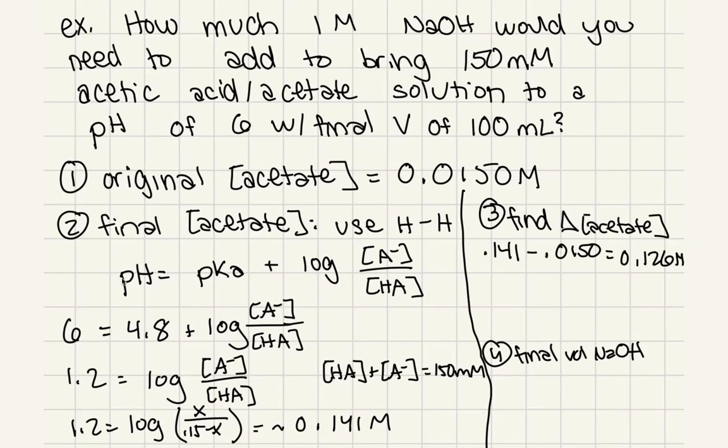We need to figure out how many moles that is, because we want the final volume of 100 milliliters. So 0.126 moles per liter times 0.1 liter is going to be equal to 0.0126 moles.